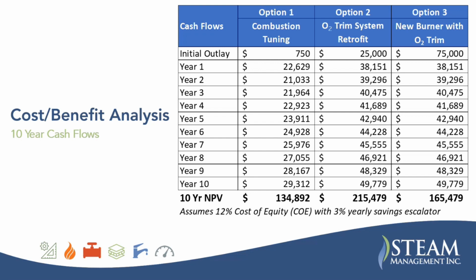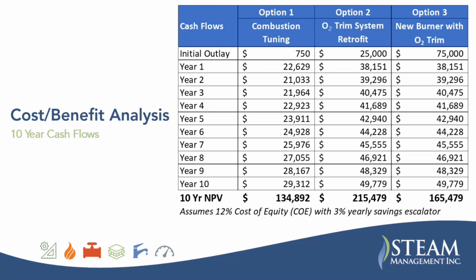So net present value is a good way to evaluate the viability of projects financially. You see your first course of action has significantly less net present value than your O2 trim system.